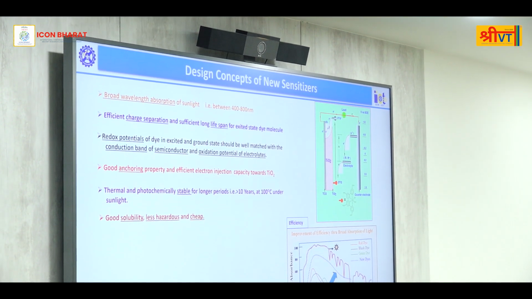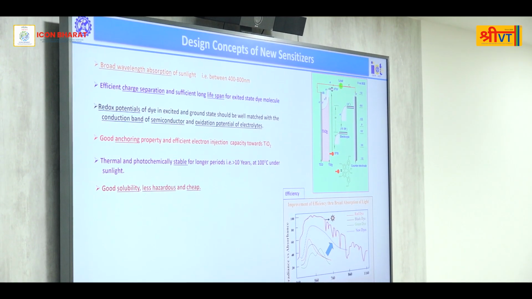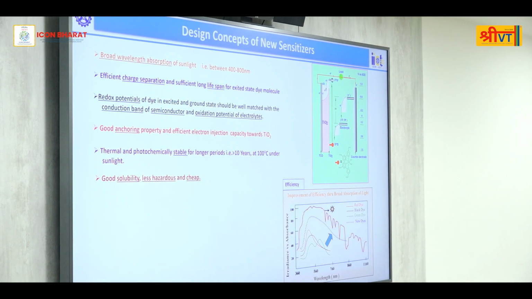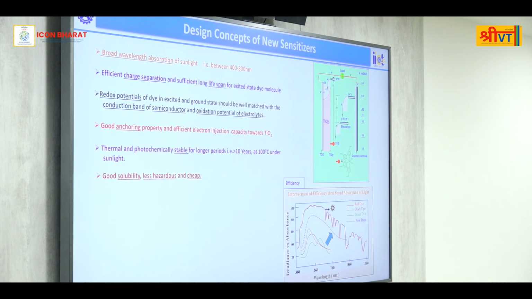About 1 gram cost is about 25,000. We transferred the technology to the industry successfully, and the industry has commercialized it. As of today, if you see the chemical catalog, this material costs about 40,000 for 1 gram. I proudly say that across the globe, as of today, the ruthenium complex technology was developed from our institute, and industry has commercialized this technology.